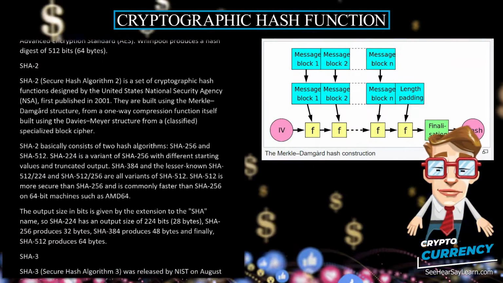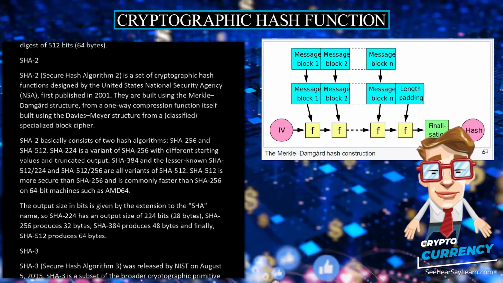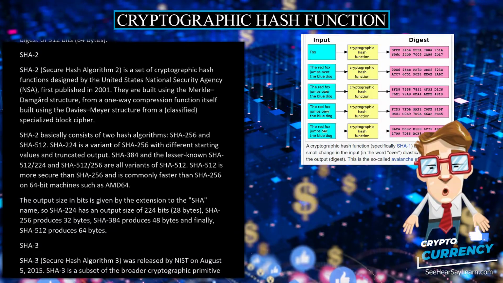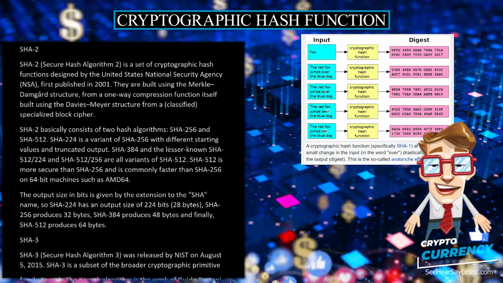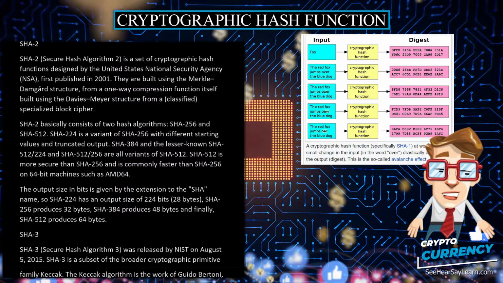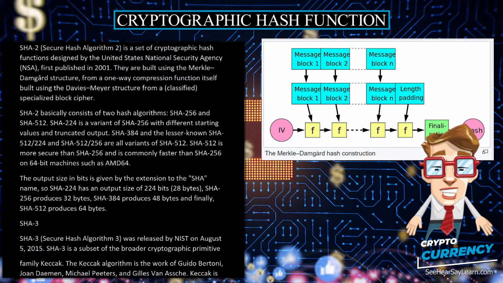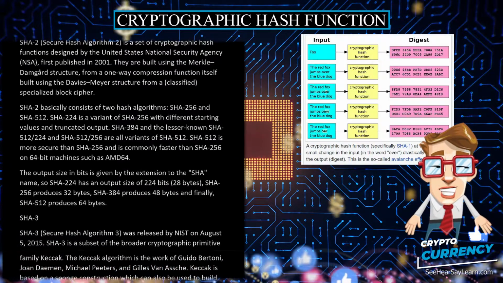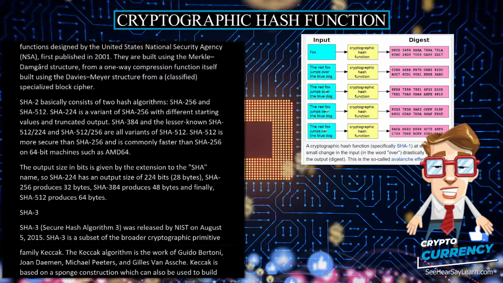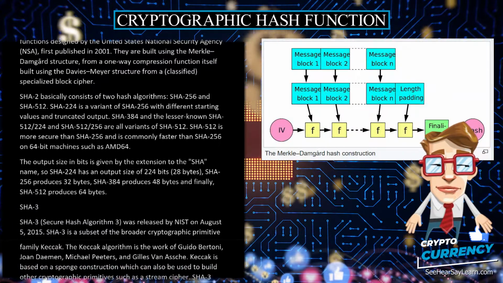SHA-3 provides the same output sizes as SHA-2: 224, 256, 384, and 512 bits. Configurable output sizes can also be obtained using the SHAKE-128 and SHAKE-256 functions.